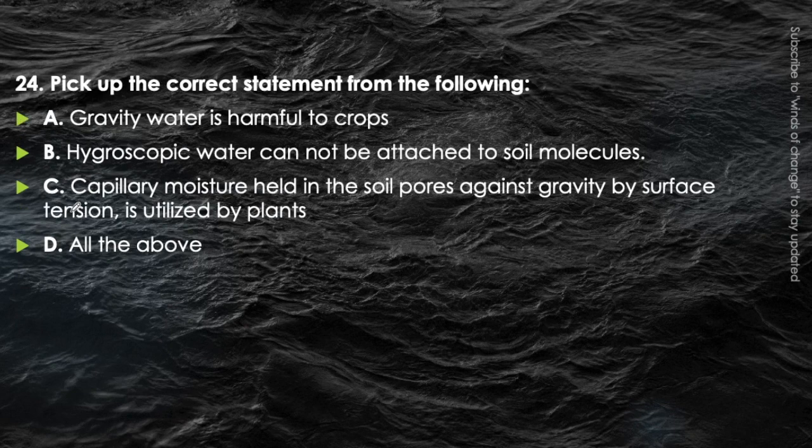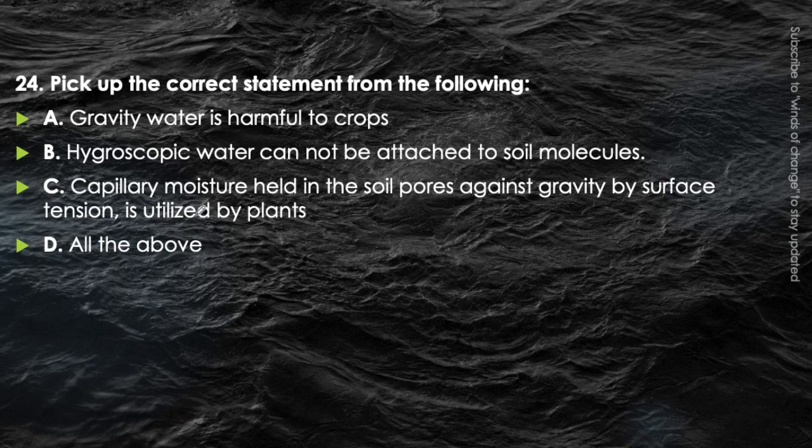Next question. Pick up the correct statement from the following. Gravity water is harmful to crops. Hygroscopic water cannot be attached to the soil molecules. This is the reverse of it. Hygroscopic water is that water which is attached to the soil molecules, which is already present inside of the soil molecule.